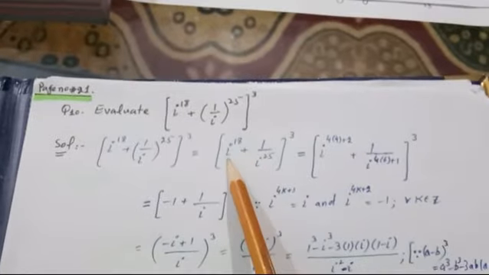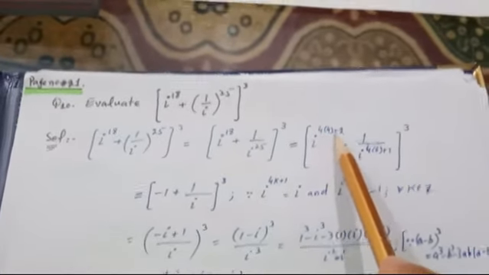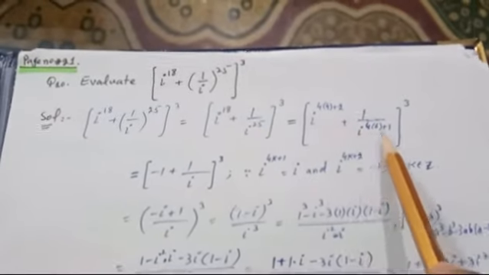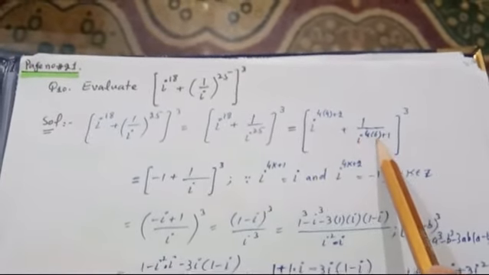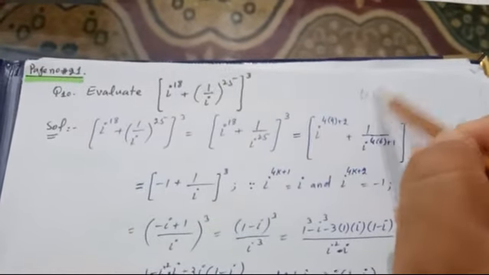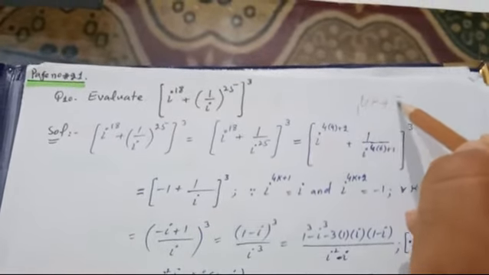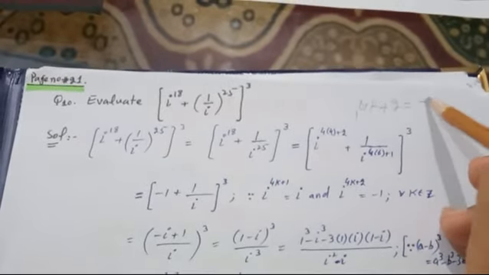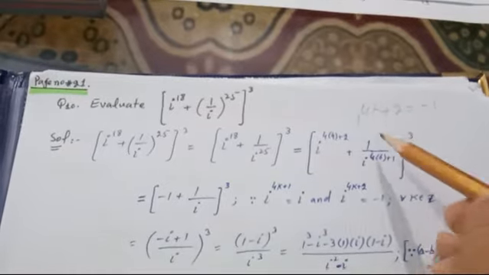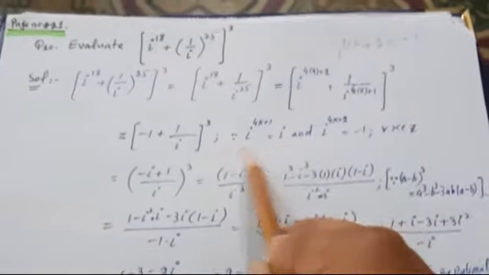Now this iota power 18 can be written as iota power 4 multiplied by 4 plus 2, and this iota power 25 can be written as iota power 4 multiplied by 6 plus 1, whole power 3. You know that iota power 4k plus 2 is equal to minus 1, and iota power 4k plus 1 is equal to iota.